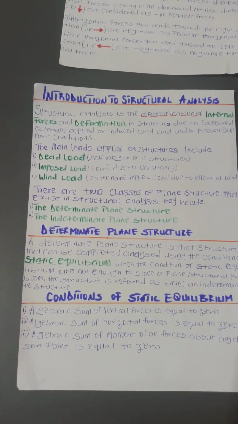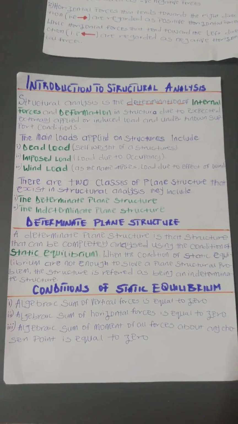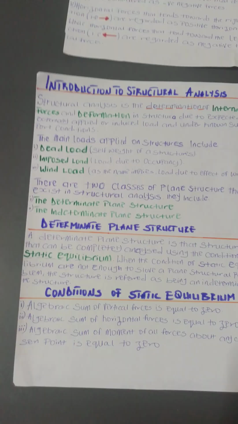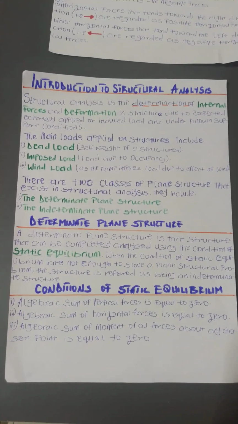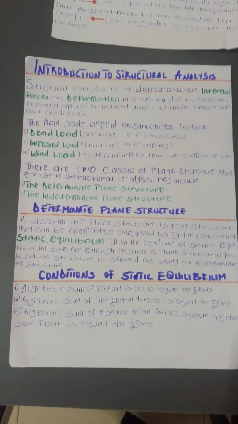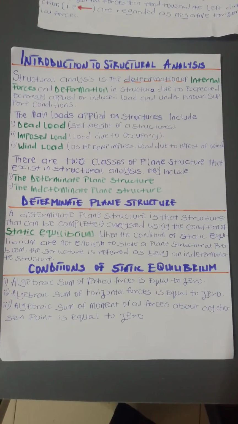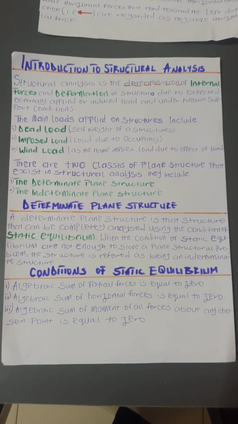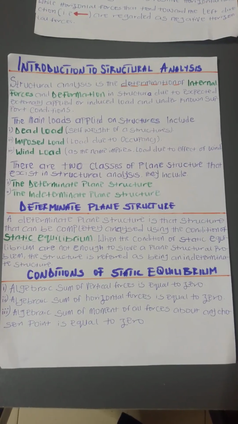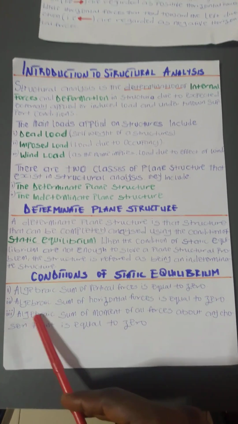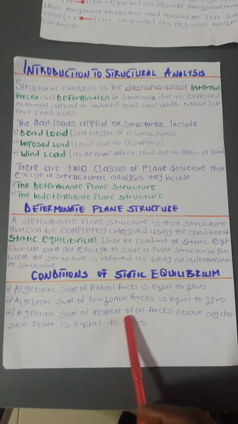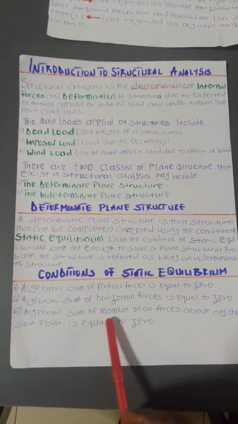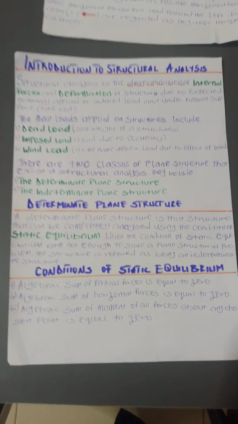Wind load may act horizontally, or wind loads are one of the horizontal forces that act on a structure. So summation of these forces must be equal to zero. Summation of vertical forces must be equal to zero. Summation of horizontal forces must be equal to zero. And summation of moments of all forces about any chosen point should be equal to zero.